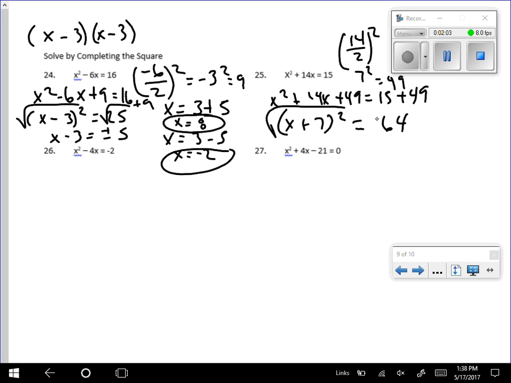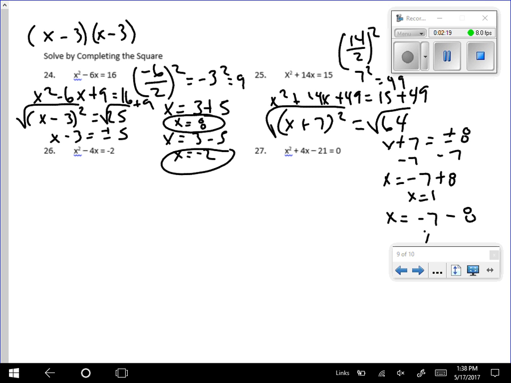Square root both sides. x plus 7 equals plus or minus 8. And subtract 7 from both sides. So we have x equals negative 7 plus 8, and x equals negative 7 minus 8. So x equals 1, and x equals negative 15. Very good.